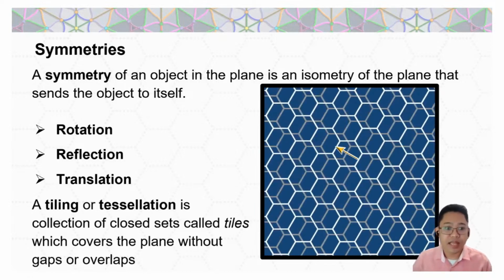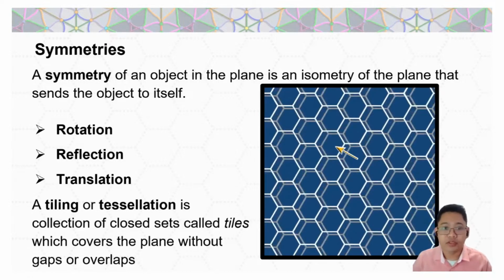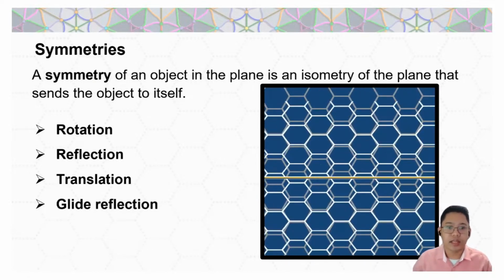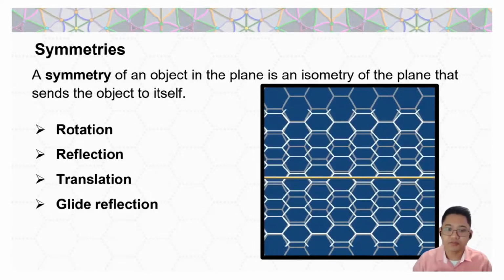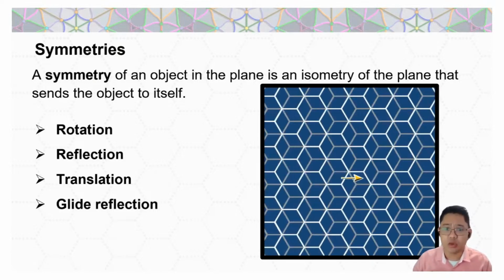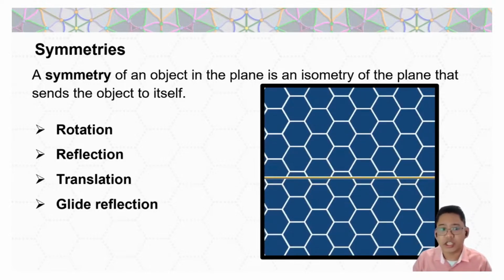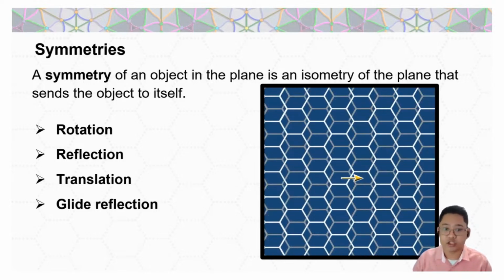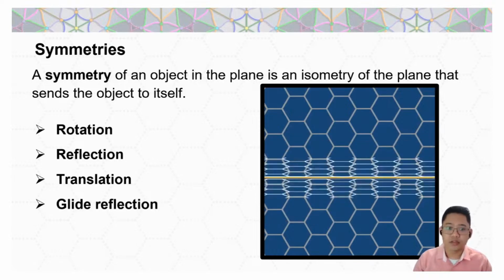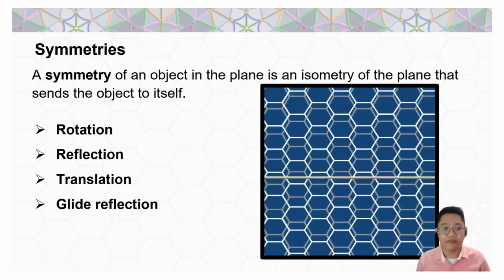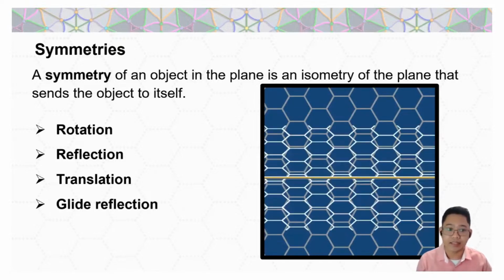Now, the last type of symmetry is what we call a glide reflection. A glide reflection is just a combination of two symmetries. It's a combination of translation and a reflection. So, for example, you must have a vector and an axis.